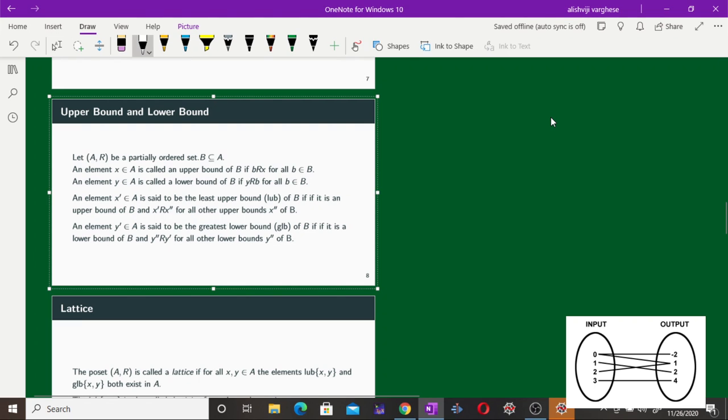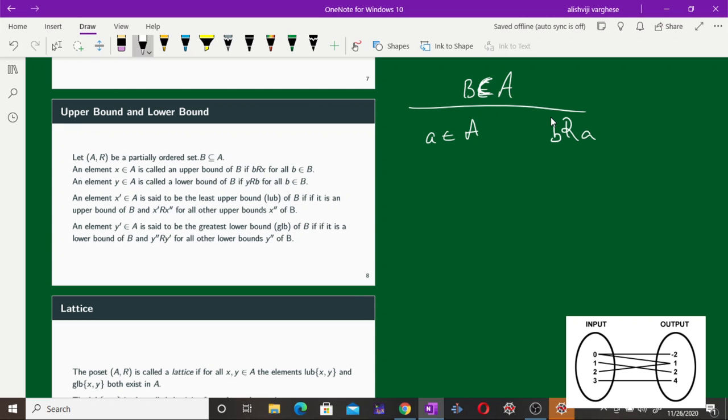Let A be a partially ordered set, and B is a subset of A. The upper bound and lower bound are different for different subsets of A. Then an element, say a belonging to capital A, is said to be an upper bound of B if for any element small b belonging to B, b is related to a.